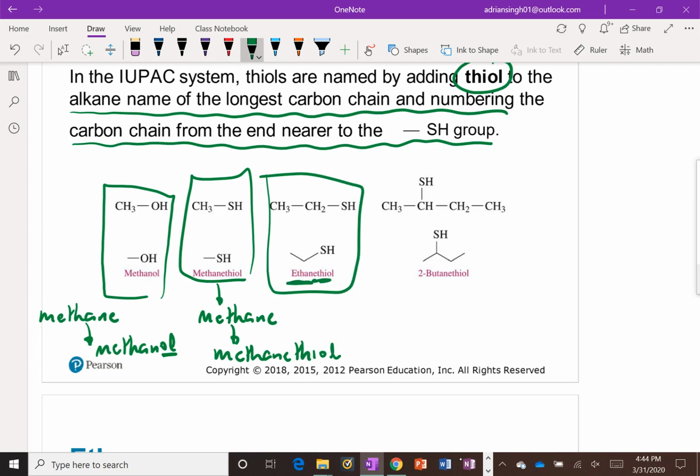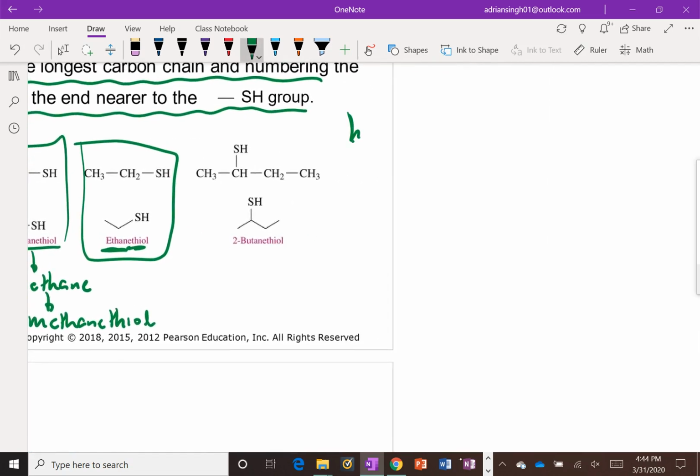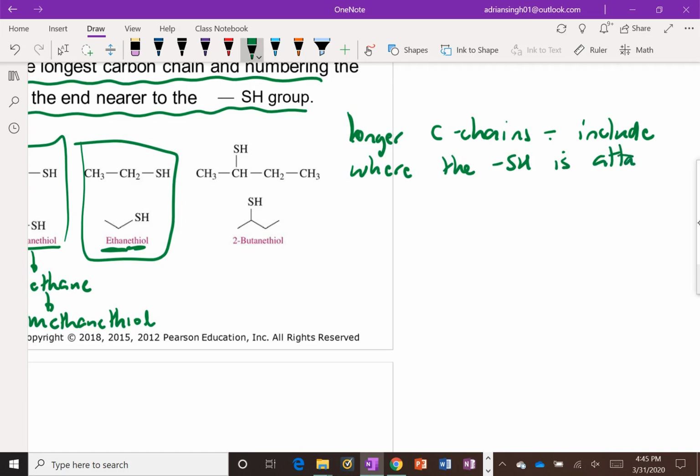When you start getting to higher and higher numbers of carbons, so longer carbon chains, you need to include where the SH, the thiol group, is attached. And again, just for clarification, the presence of the SH tells you that that thing is a thiol.